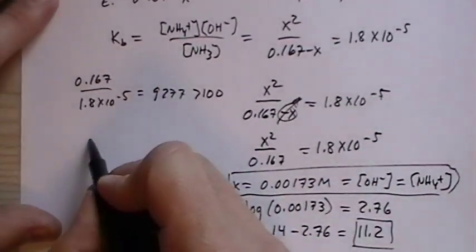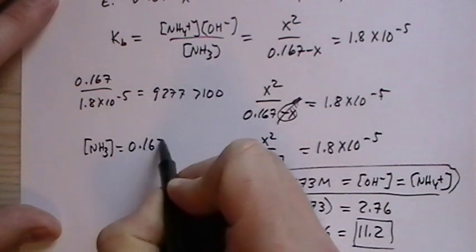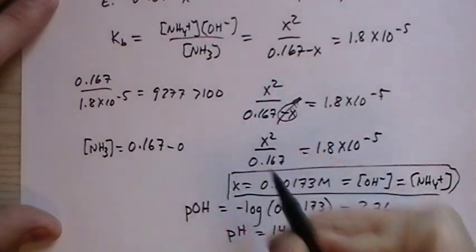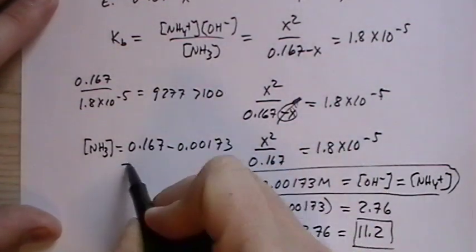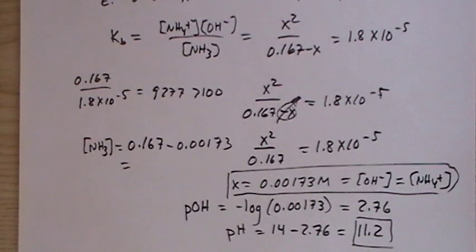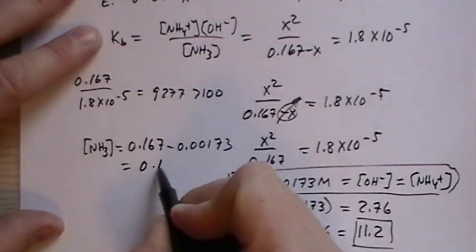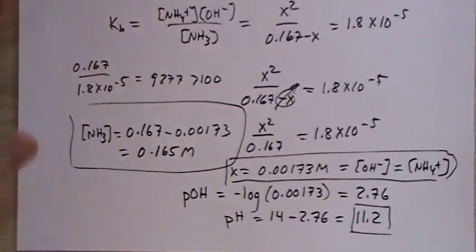I've done this before where it doesn't seem like I want to finish the problem, but normally I'd only ask for the pH, but here I want to ask for every single thing, so we cover all of our bases just in case I do ask you for the concentration. It does come up on the exam. I don't want to say I always give just pH. And there it is for ammonia at equilibrium.